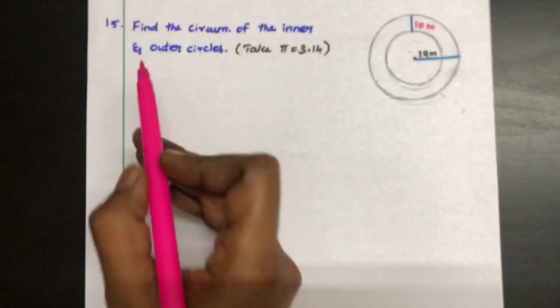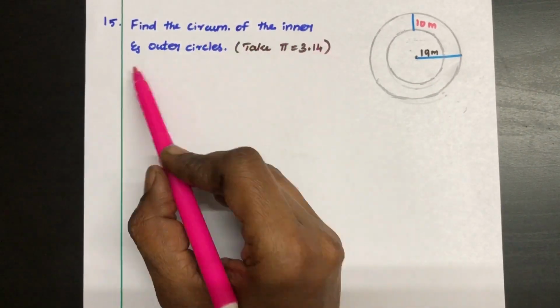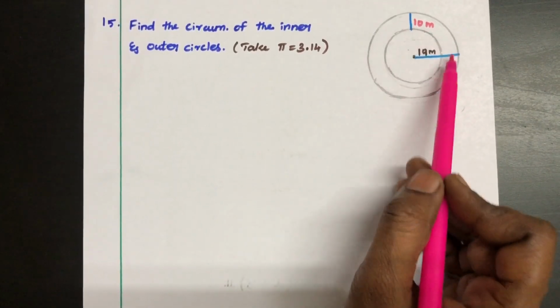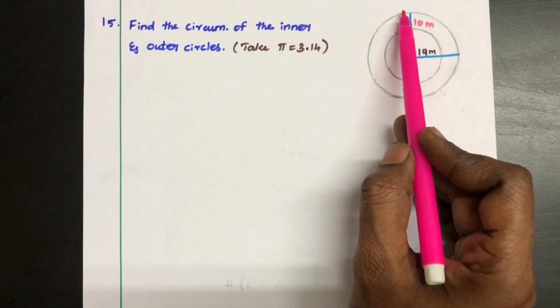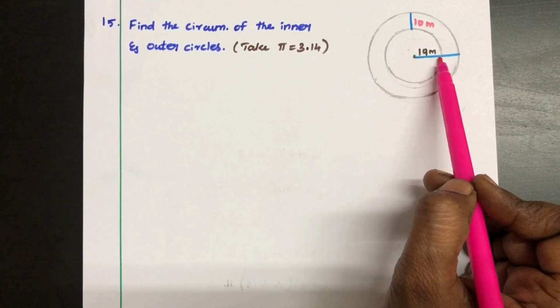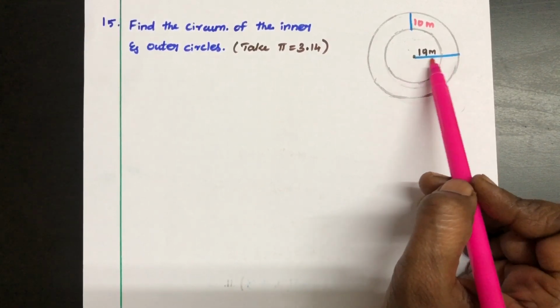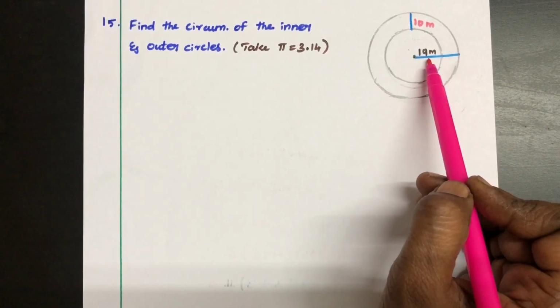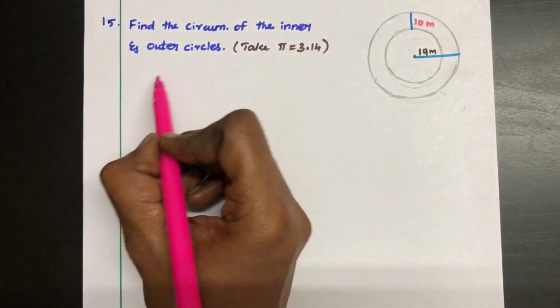15th question, find the circumference of the inner and outer circle. Take pi equal to 3.14. See, this is the inner circle. This is the outer circle. This is sketchy here, you need to see properly. The outer circle radius is 19 meter, right?